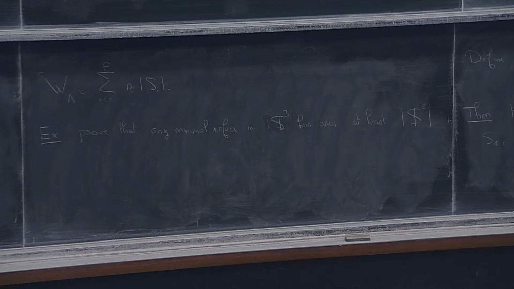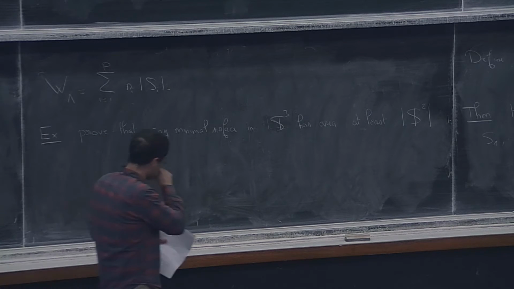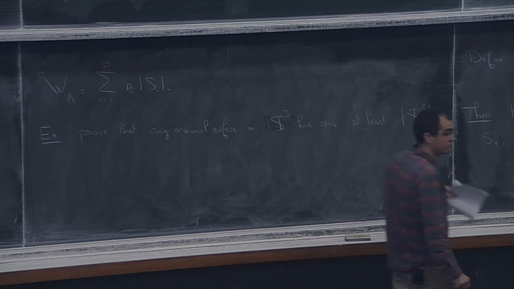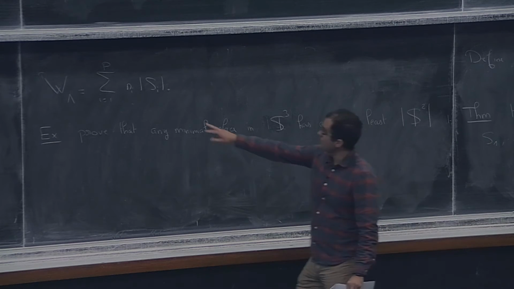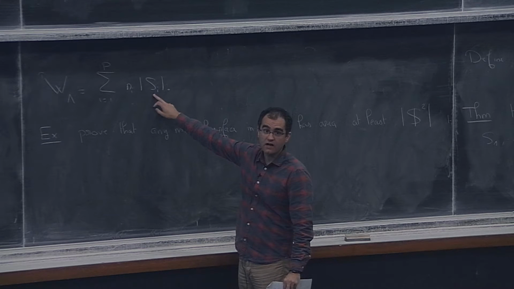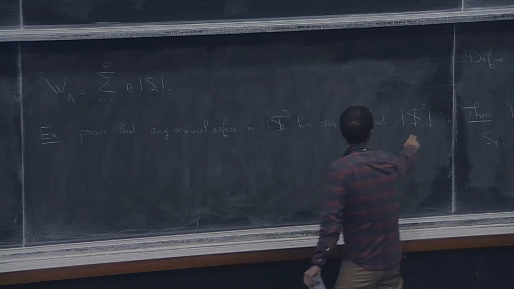It was a question as an exercise. I don't know if you have found some idea to prove this. But it tells me that this sum is at least the area of S2.